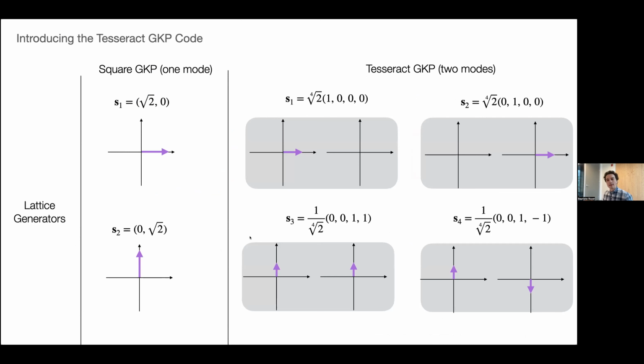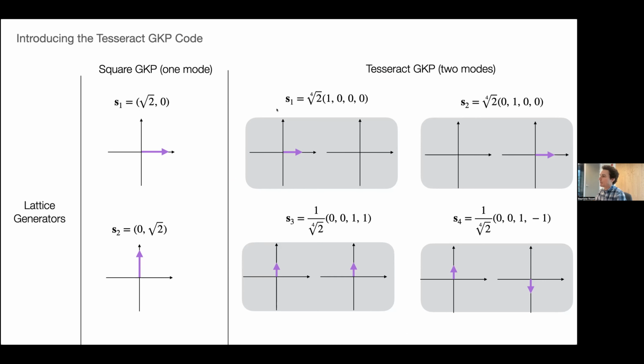In particular, one nice code we found in 2 modes was the direct analog of the square code. It is like a 4-dimensional cubic code, which we call the tesseract code because it sounds fancy. So here, for example, the generators of the square code in units of square root of 2 pi are this way: one along x, the other along p.